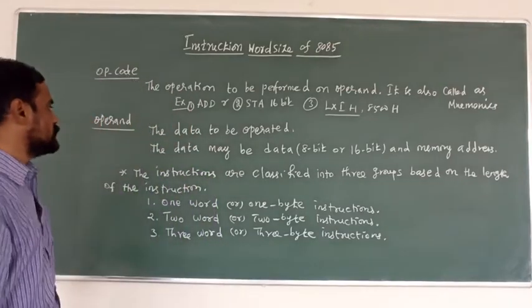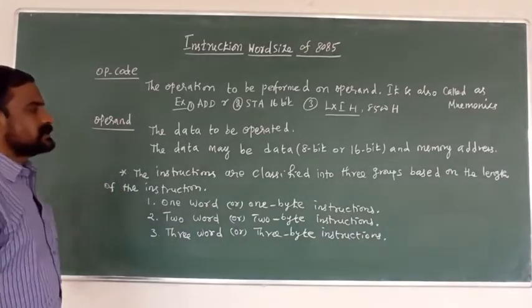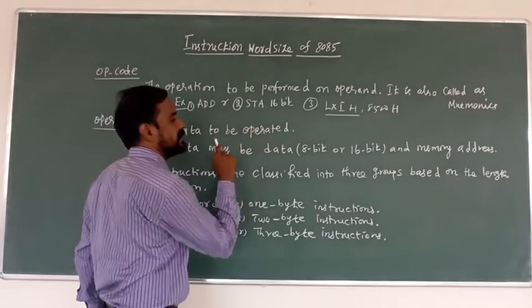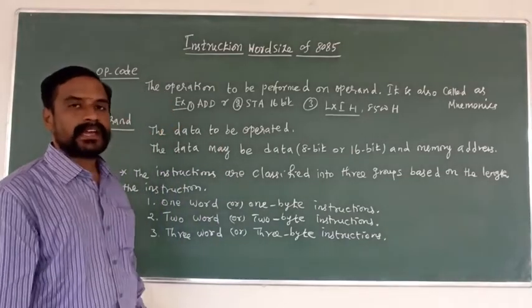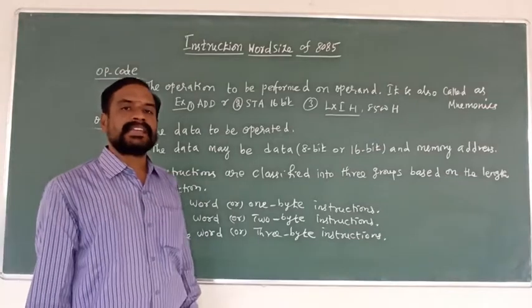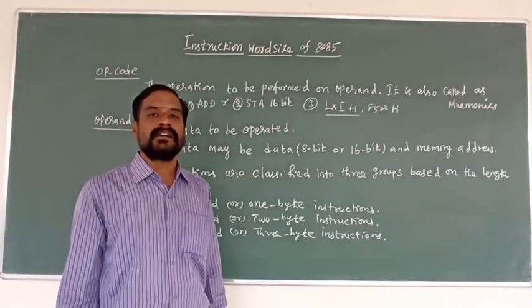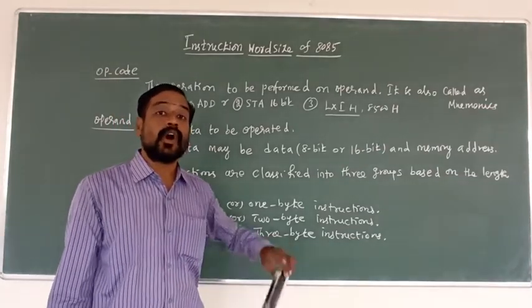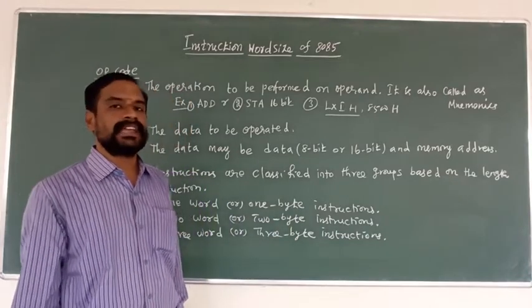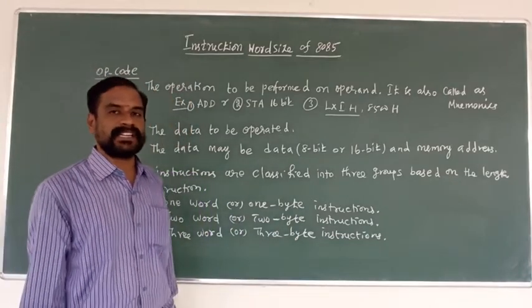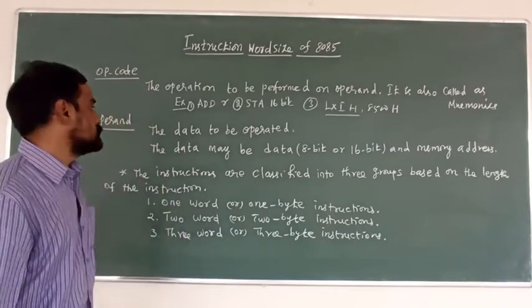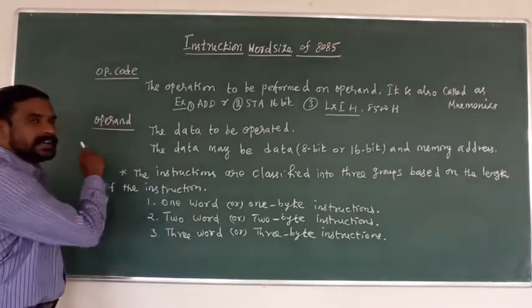Second one, operands. Operand means the data to be operated. The given data, either register or memory, to operate according to either 8-bit data or 16-bit data, or 8-bit address or 16-bit address. That is called operand.